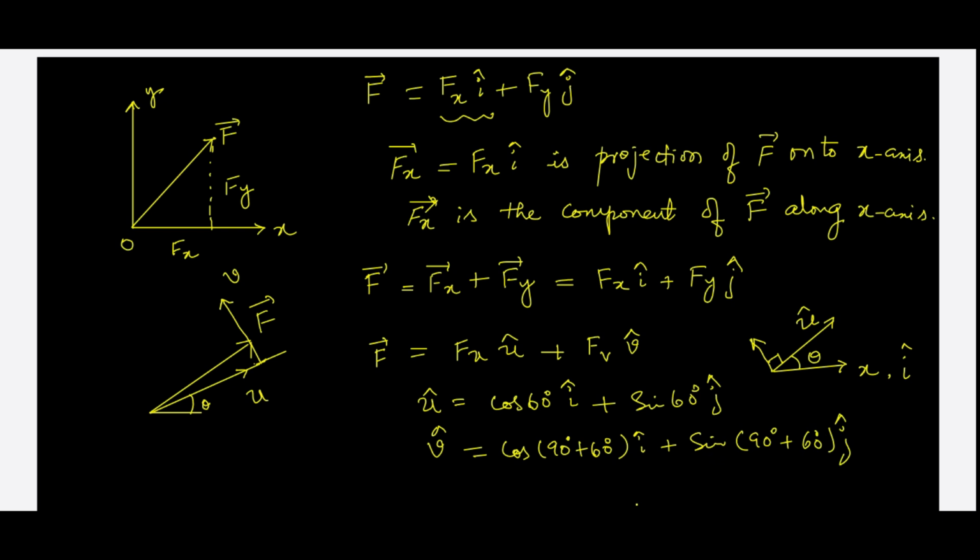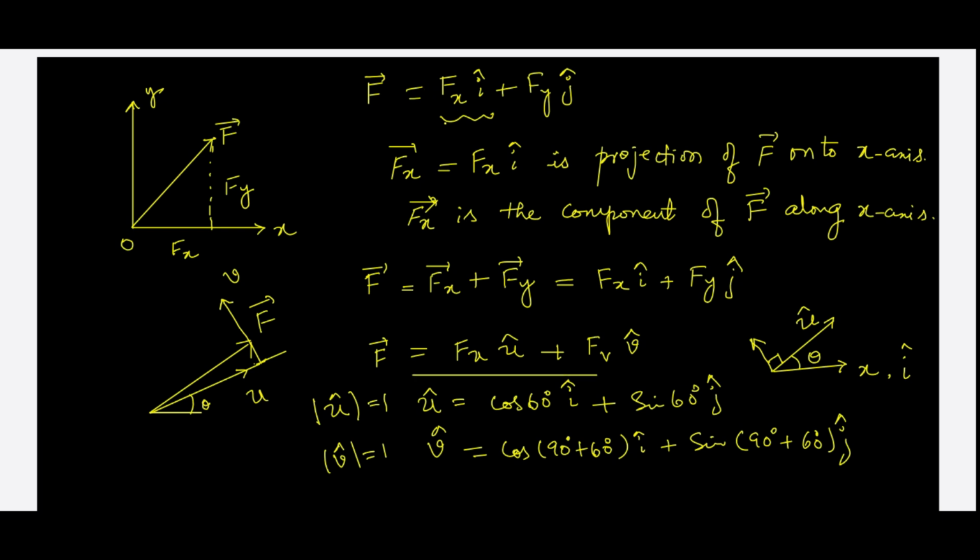The magnitude of a unit vector is always 1, so it is also 1. Okay, so you can write it this way or you can write it this way.